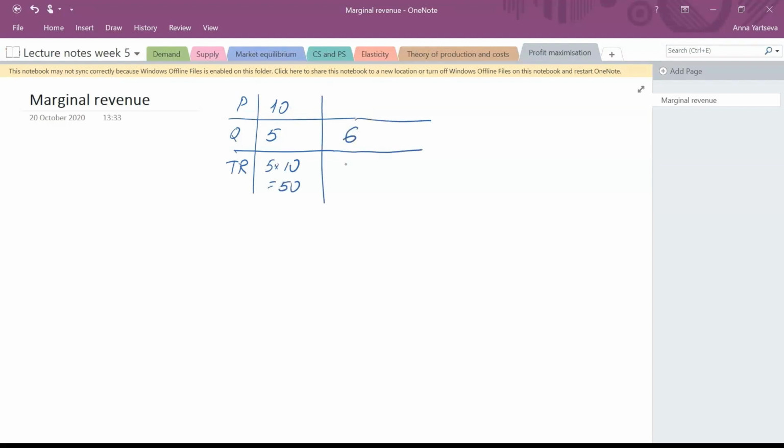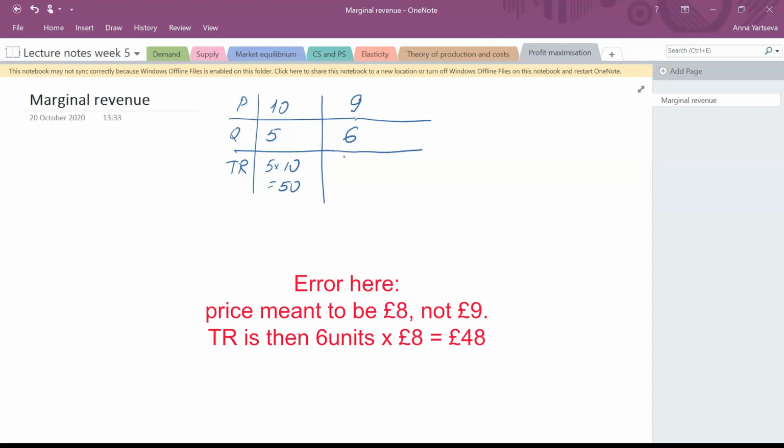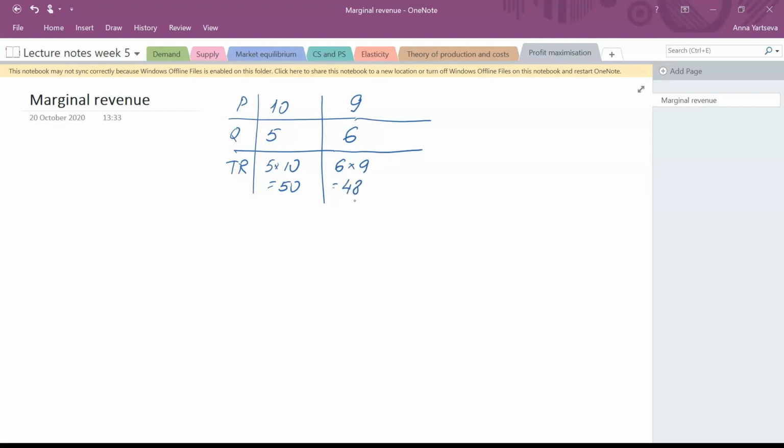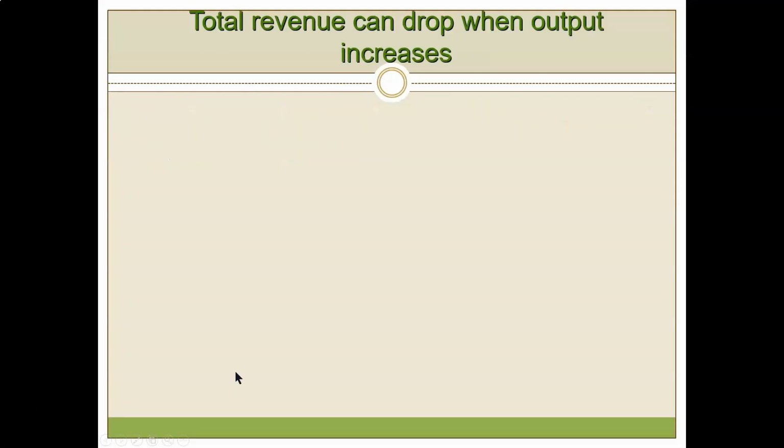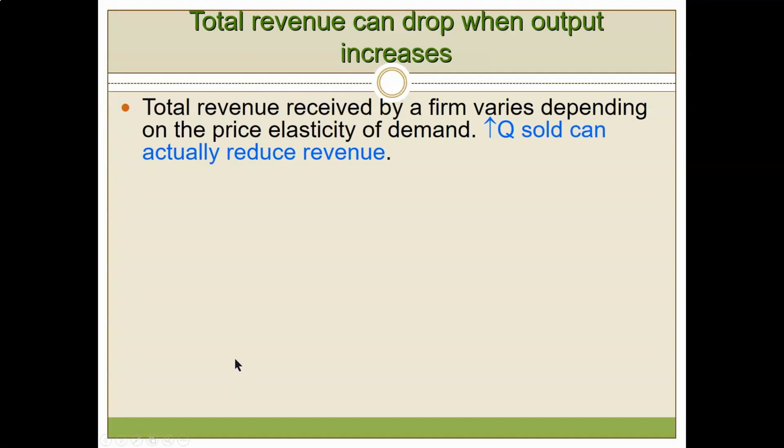We sell 6 units of output, and in order to sell this extra unit, we reduce the price. The price goes down to £9. This is the law of demand. To sell more, we need to reduce the price. What will be our total revenue? Now we sell 6 units at £9 each, which means that our total revenue is actually lower. It's £48, not 50.